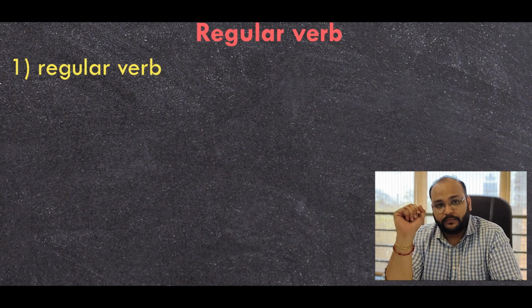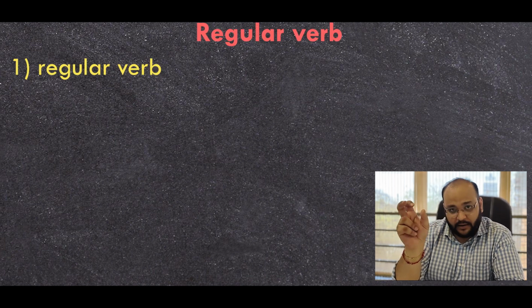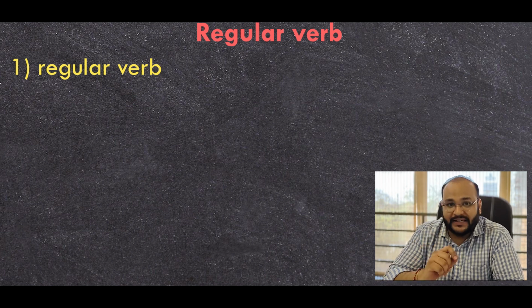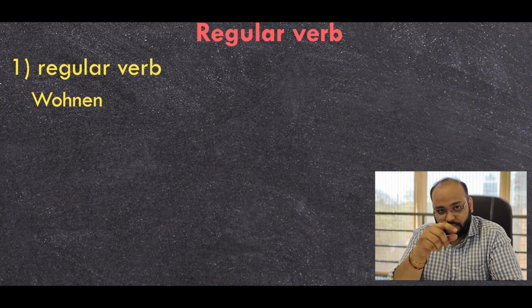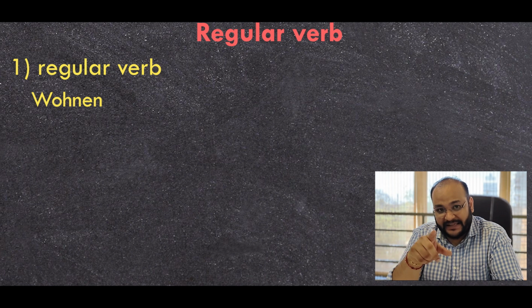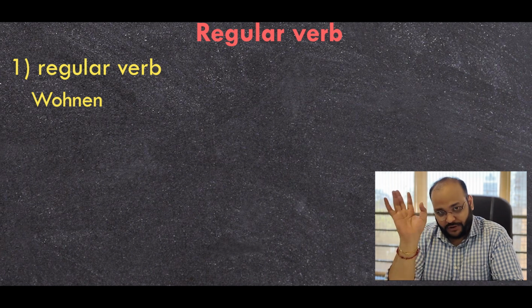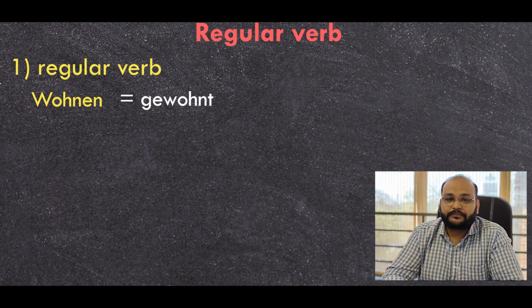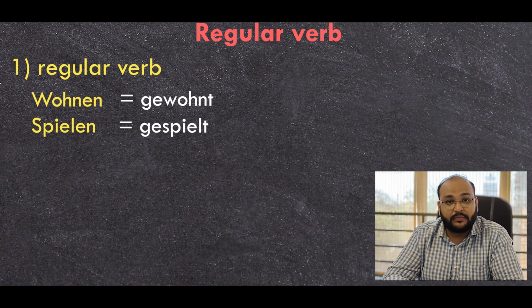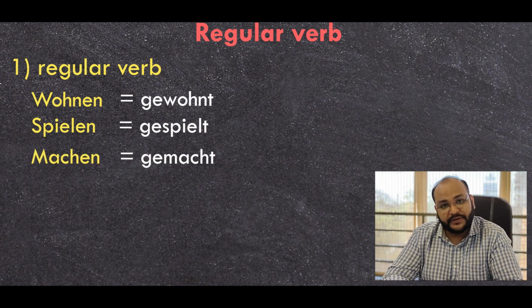You simply add ge in front of the verb and replace en with t. So for example, wohnen: I add ge in front of that, so gewohnen. But I also have to replace en with t, so gewohnt. Spielen, gespielt. Machen, gemacht, and so on and so forth.